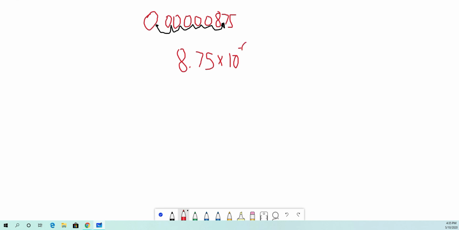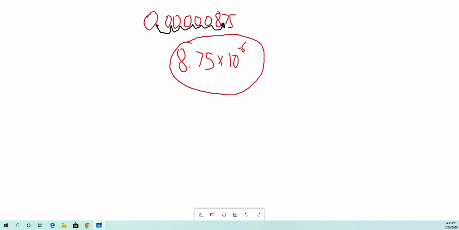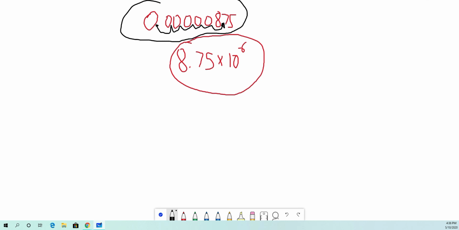So it's going to be negative 6. And that is going to be my answer. Again, it's negative because I went from left to right, and my number that I started with is a small number. So my exponent is going to be a negative.